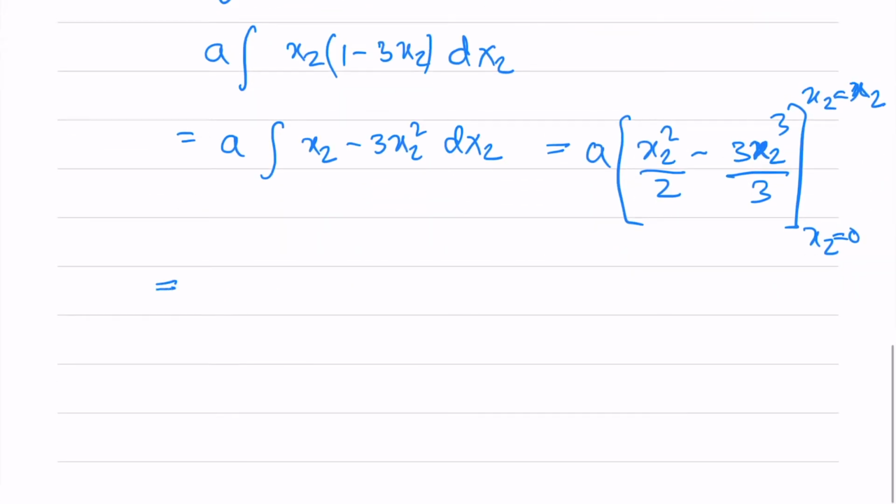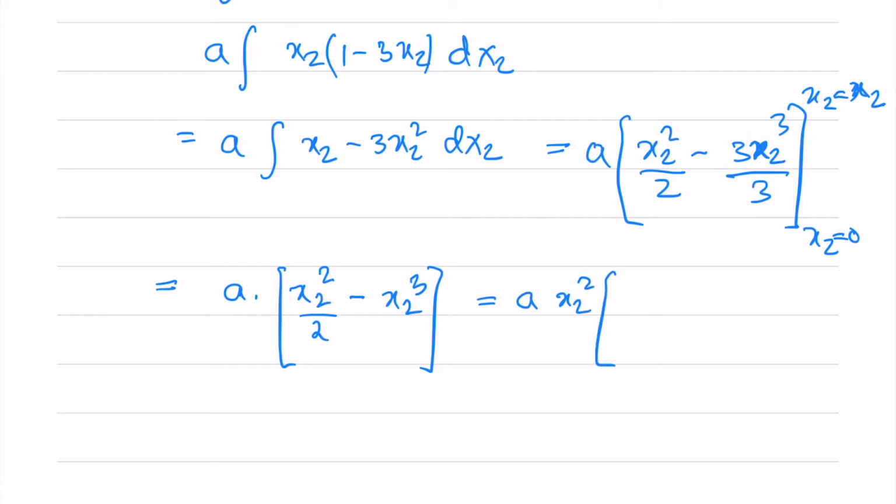So that would be A into x2 squared by 2 minus x2 cubed. Taking x2 squared common, I am left with x2 minus half. So this is delta H1.